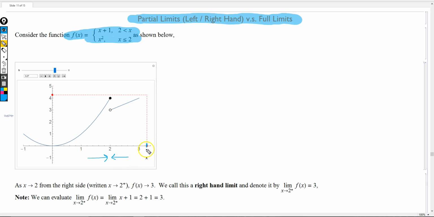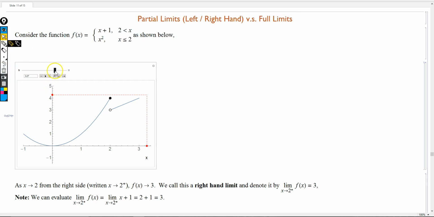So let's let x approach 2 from the right-hand side first, and we want to see what these function values up here are approaching on the y-axis. So keep an eye on that red dot on the y-axis. Now as x is approaching 2 from the right-hand side, notice that the function values are getting closer and closer to the number 3, right?